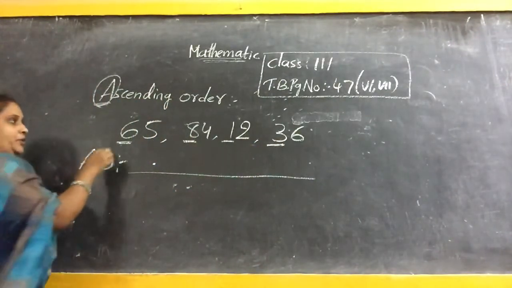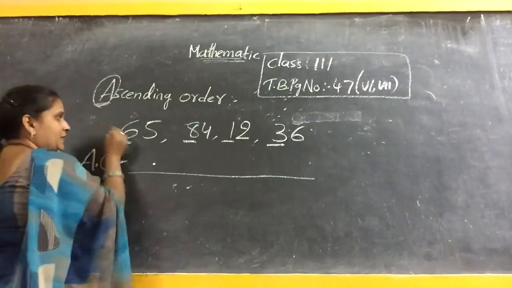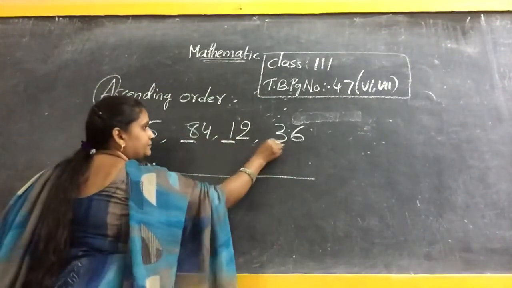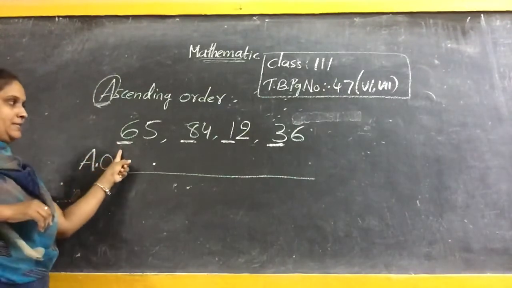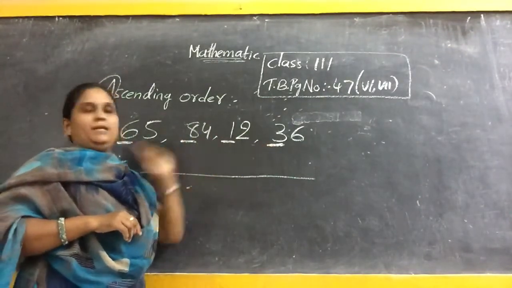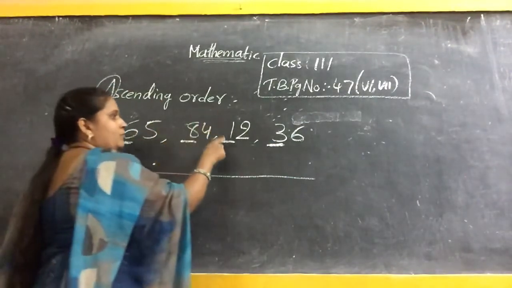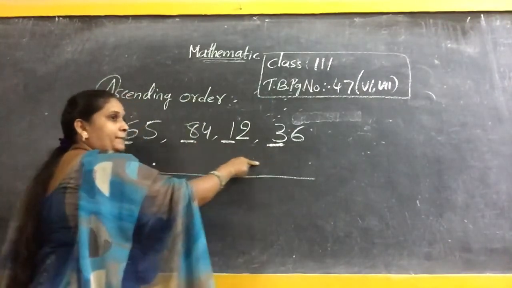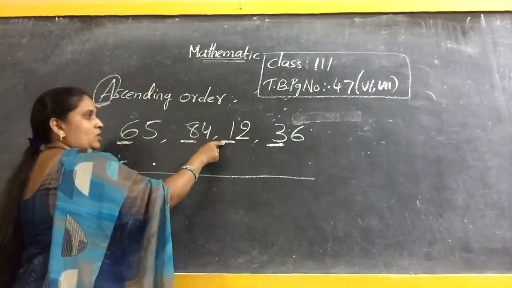From the left hand side, children, from the left hand side direction, underline the first digit. If you underline the first digit, here 6 is there, here 8, then 1, then 3. Now tell me 6, 8, 1, 3. In these 4 numbers, which is the small number? Yes, 1 is the small number.